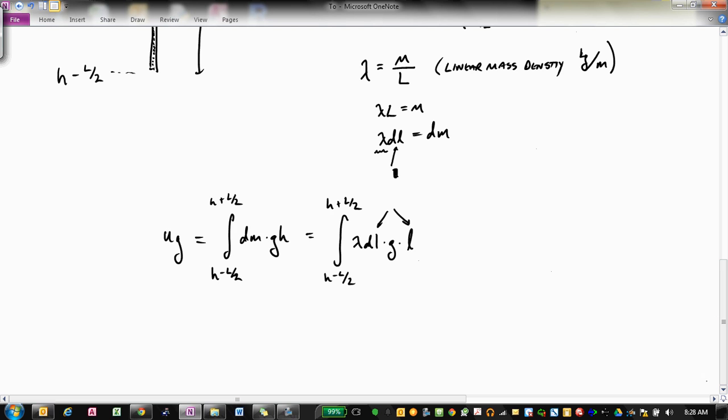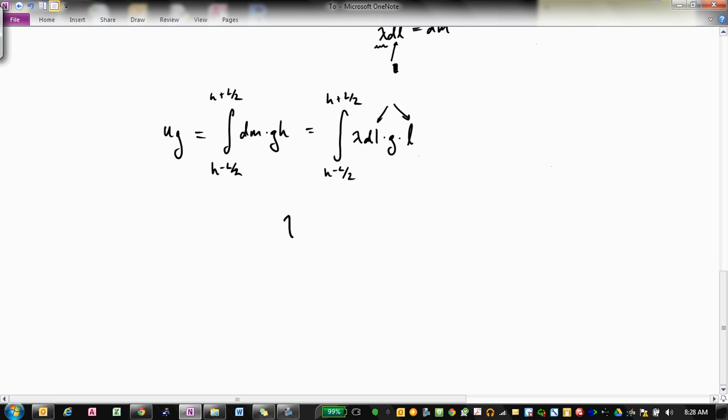Okay, so now we integrate. Lambda and g are constants, so we can pull those out to the front. And so we're really just integrating L dl. So I want to think of, what thing's derivative is equal to x, or in this case, what thing's derivative is equal to L. So I raise the power up by 1, and then I have to bring that half down in the front, so that when I take the derivative of this, bring down the power, this goes away, and this becomes L, which is exactly what I want.